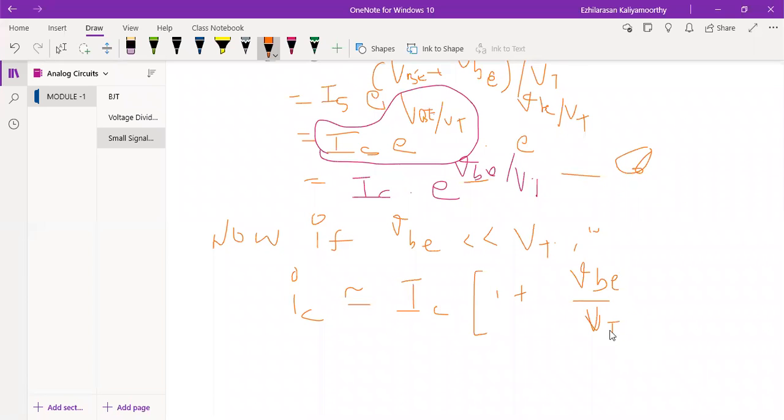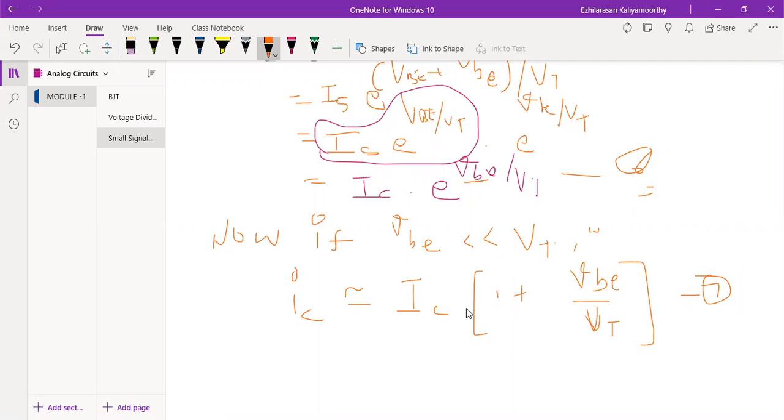Normally I can say it simply, but here I will get the expression: if vbe is very, very much less than VT, then this exponent becomes 0, and e to the power 0 becomes 1. Now, to rewrite it for our convenience, ic is equal to IC times (1 plus vbe by VT). If vbe is very, very much less than VT, then this term becomes 0 and it is the same term, so we are not finding any different terms here.